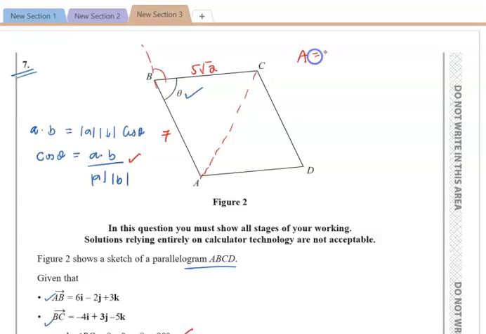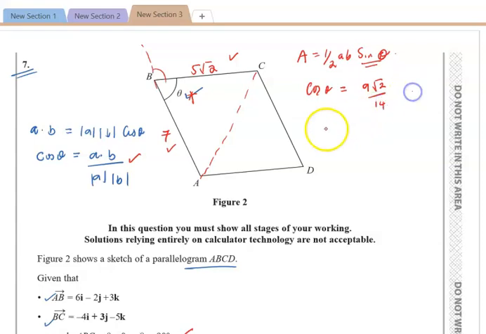In order to find the area of a triangle, you remember that the area of a triangle is a half ab sine C. But the problem is we don't have the sine of the angle C, or the angle theta we are talking about here. But we know the cos of theta is equal to 9 root 2 over 14.